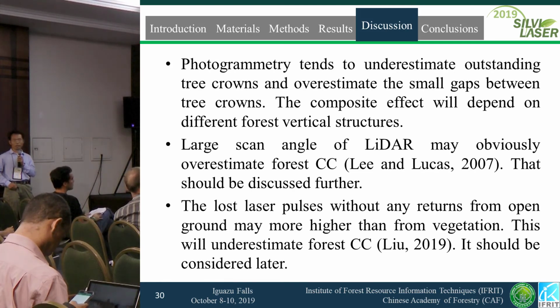Normally, the canopy has lower reflectivity than open ground. So if the lost pulse problem is serious, it can also lead to underestimation of the CC. So maybe the scan angle and lost pulses can combine to affect the CC.